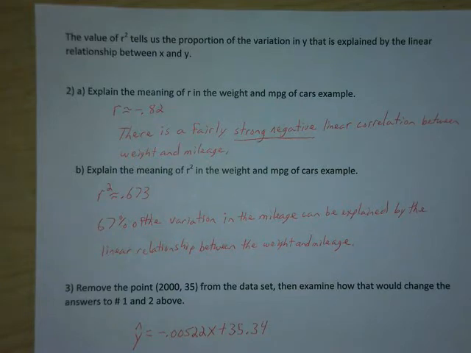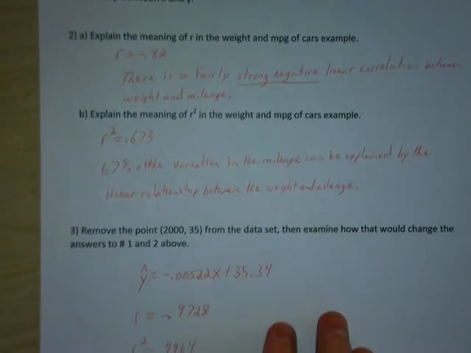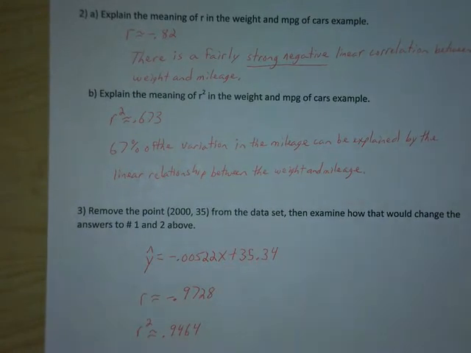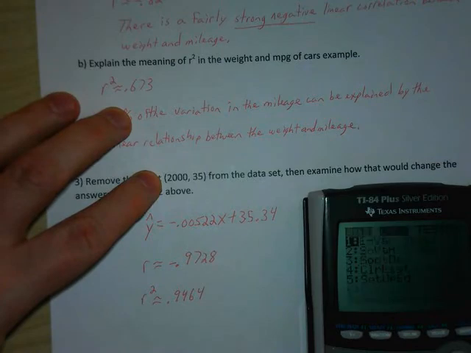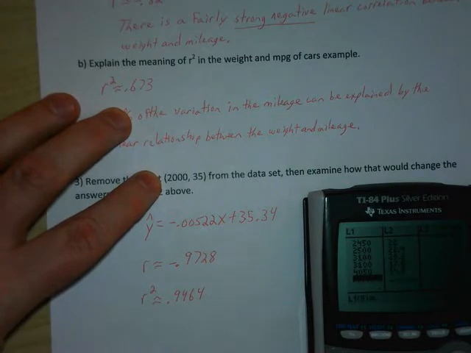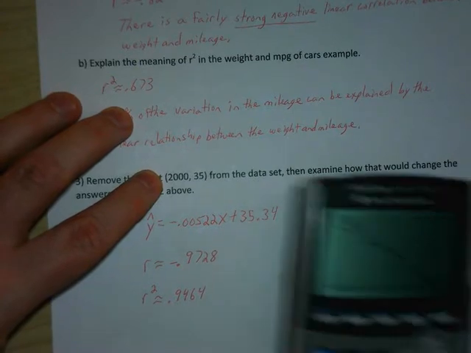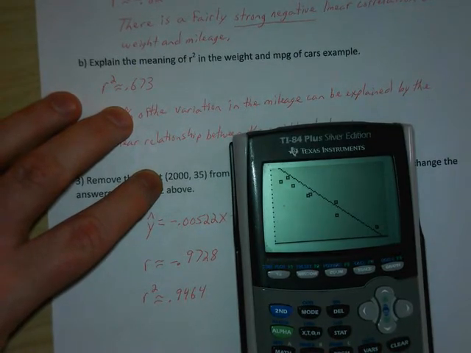And then the very last question here: if we look at removing the point (2000, 35), so the data value where a car weighed 2,000 pounds and had mileage of 35. If I delete that point, and then look at the scatter plot again, so if I do zoom 9, notice that the point that was much higher is removed.